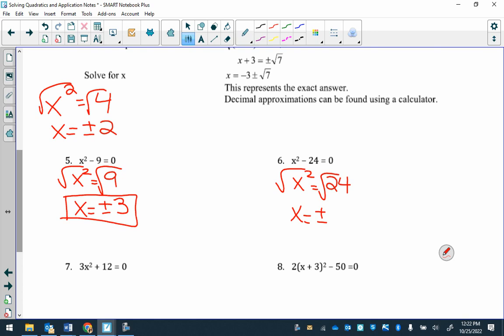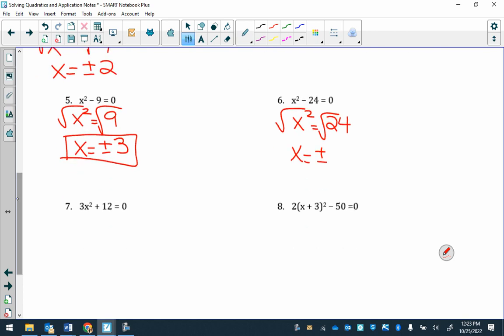Now, this is an area where I'm not sure who learned what, okay? You should have been able to simplify square roots, but again, it could be a split decision. This should have been taught somewhere, this little concept. But in order to simplify square roots, for the square root of 24, think of a perfect square that's a factor of 24.